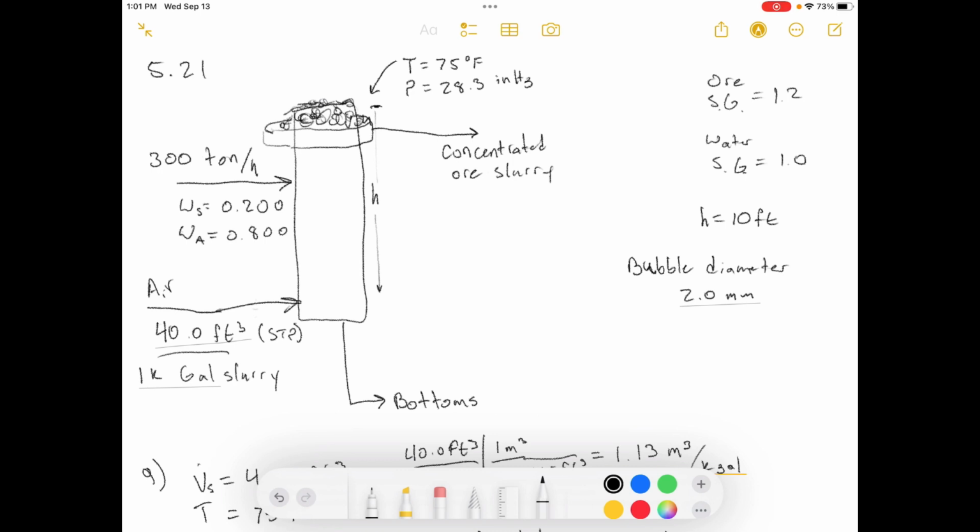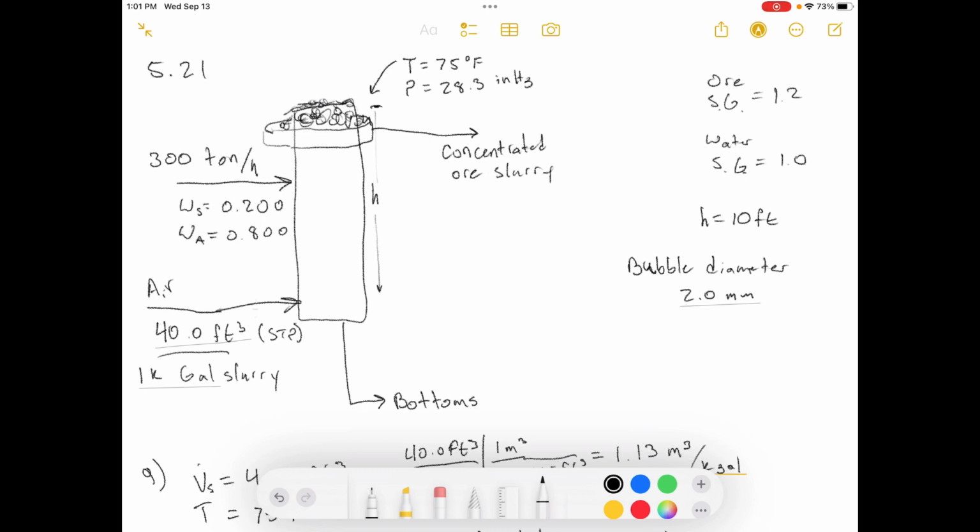The tank contents are at 75 degrees Fahrenheit, and the barometric pressure is 28.3 inches of mercury. The sparger design is such that the average bubble diameter on entry is 2 millimeters. Part A, what is the volumetric flow rate of the air at its entering conditions?